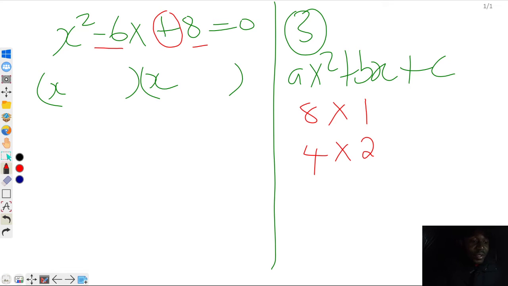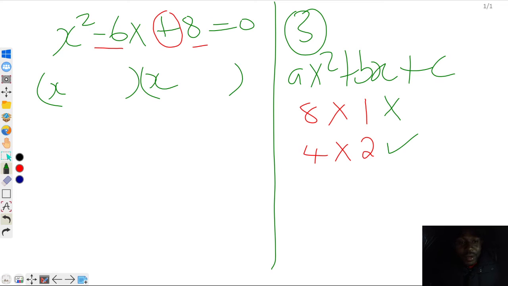It's obvious that 8 and 1 go out of the picture, because when we add, it does not give us -6 or 6 at all, so it is out. We cancel it.